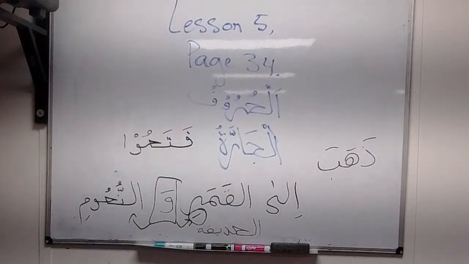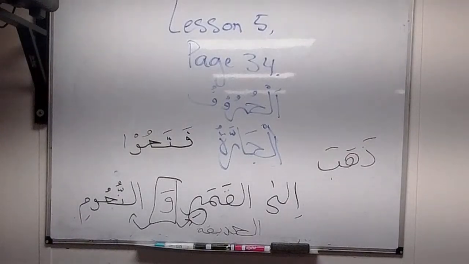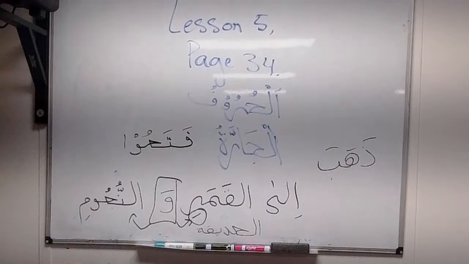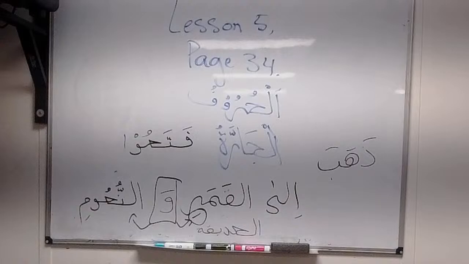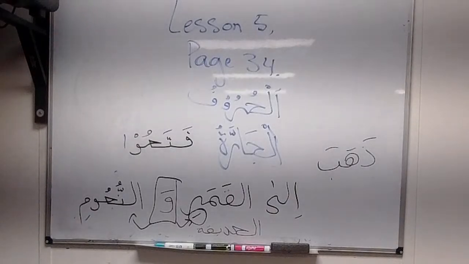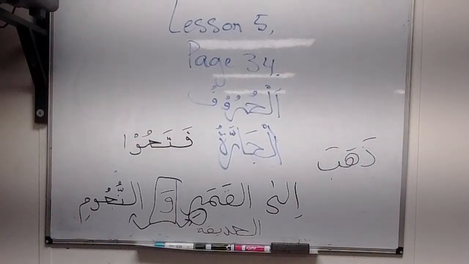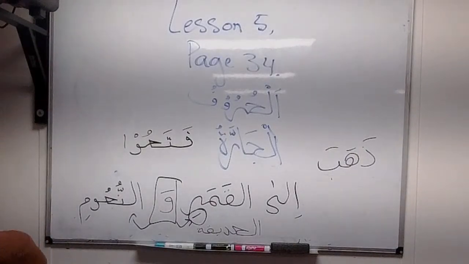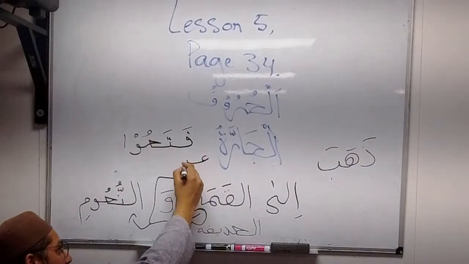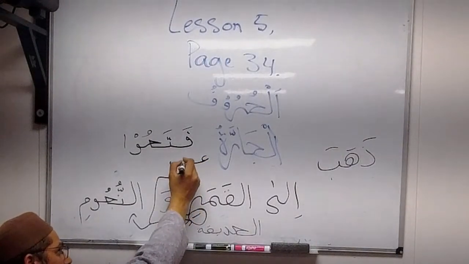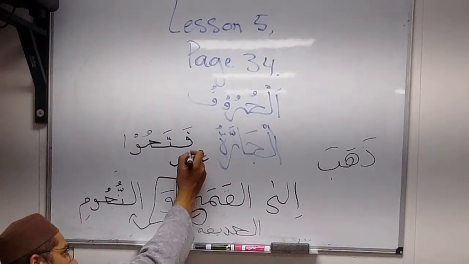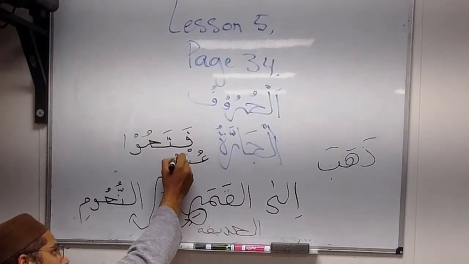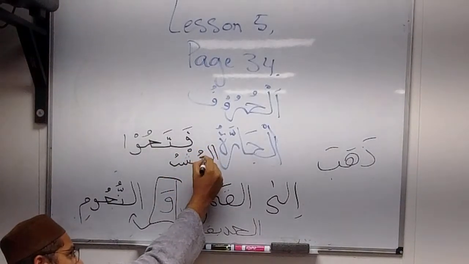It's the grass. We're not saying different types of grass. If you had Bermuda grass, this grass, that grass, you'd say a'shab, the plural. You would say ushb. Ushb is grass.